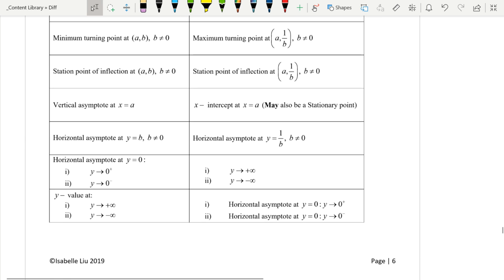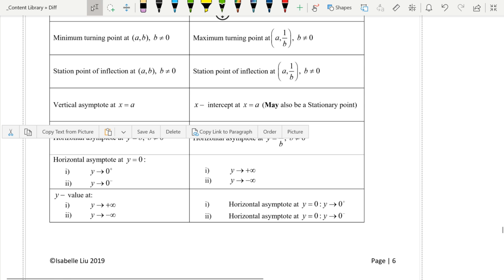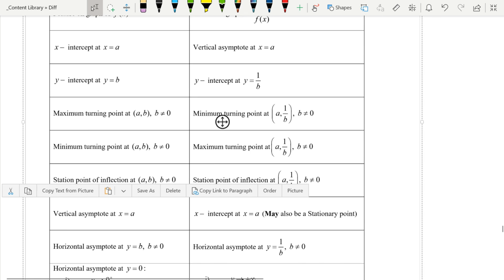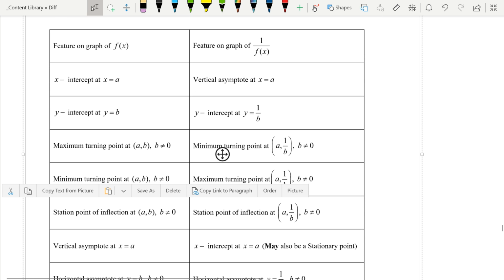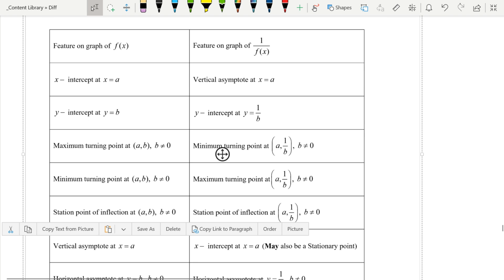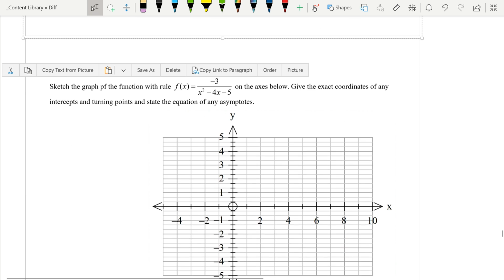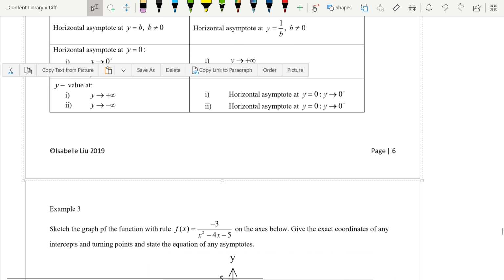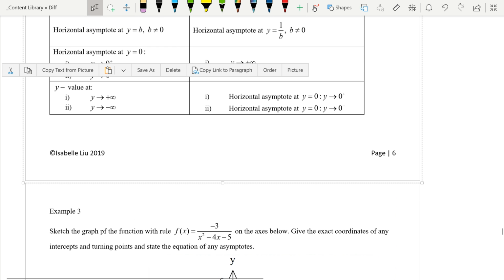Well, I don't really mind whether you remember or not, but have you learned it? Do you remember a little bit of it? Okay, good. Then read through the table and think about what we have done. I can't go into much detail. I will sketch two reciprocal functions with you, and then we need to move on to the next. So read through that, have a brief look, and at the start of the next period, we'll come back to this question.